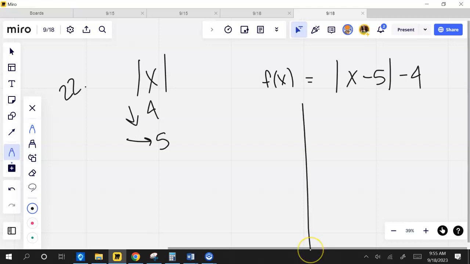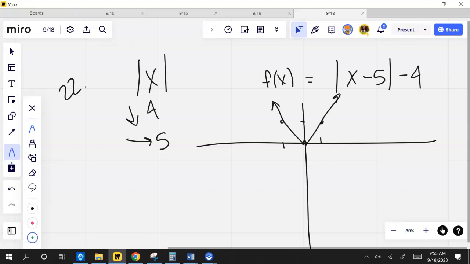So I take that parent, 0, 0. Here's the parent, right? And each one of these points is going down 4, right 5. 1, 2, 3, 4, and then right 1, 2, 3, 4.